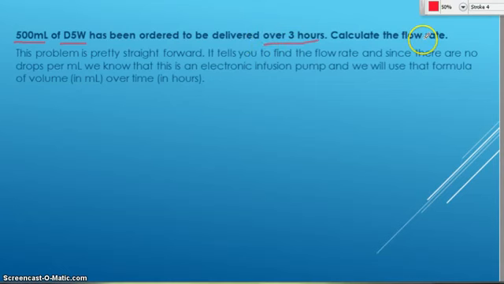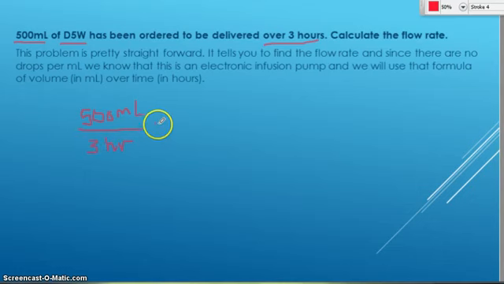So in order to calculate a flow rate, we always want volume over time. So 500 milliliters is my volume. So you always want to make sure your volume is in milliliters if that's what they're asking for. So 500 milliliters, and our time is always going to be in hours. So in this case, 3 hours.